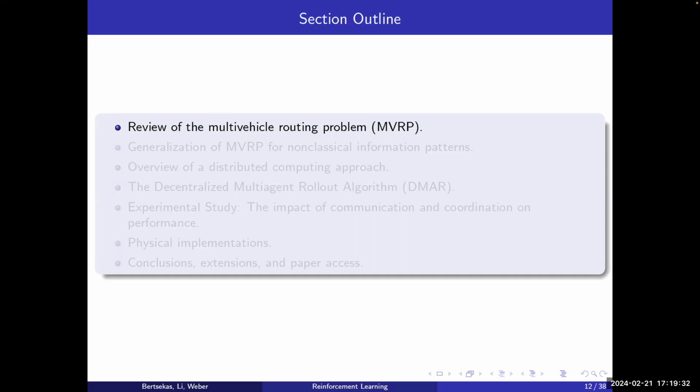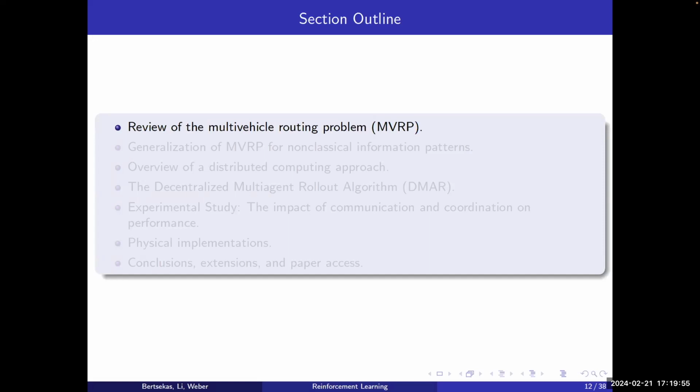We saw the figure where each of the agents were connected to each other and also to this computational cloud. So we're going to look at the cases where any of those links that you saw in the figure may or may not be there. That's at a high level what a non-classical information pattern is, and I'll make it more specific what we actually mean here.